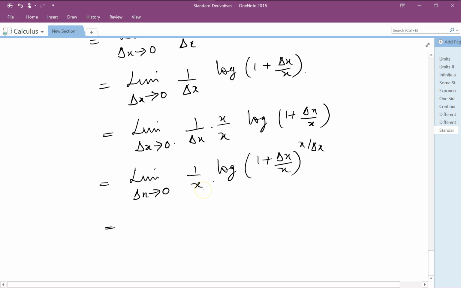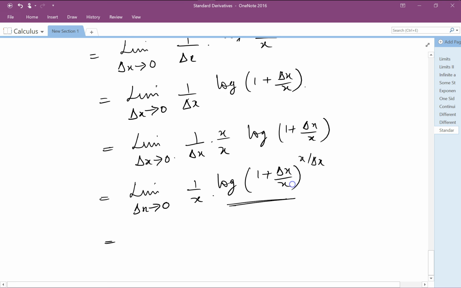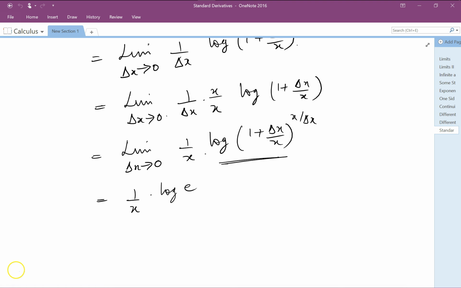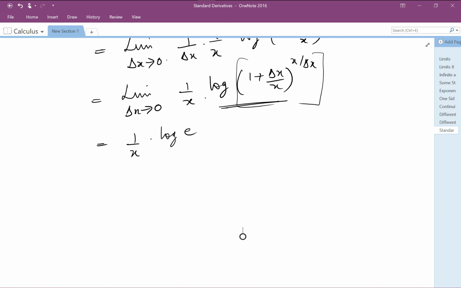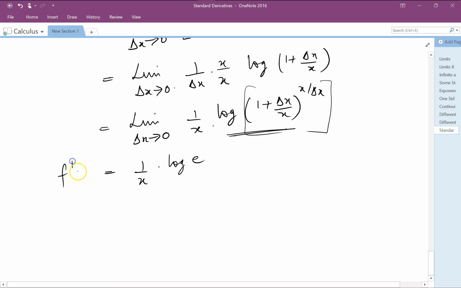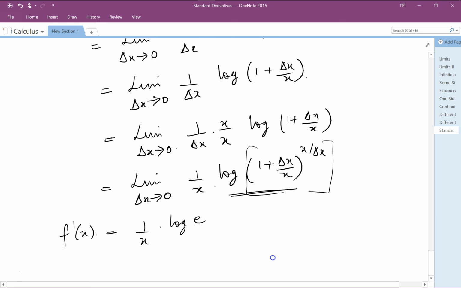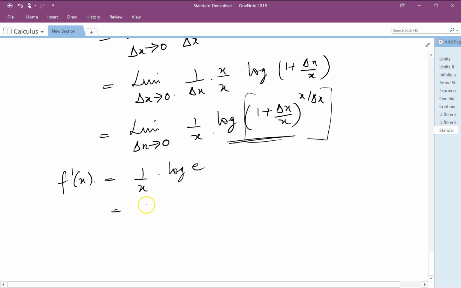Now when we take the limit of this, what is it? 1 by x remains as it is, and this becomes log e. Basically this part is a standard limit, so it becomes 1 by x log e as the derivative of log x, and log e is 1.